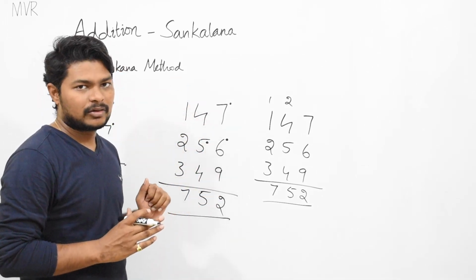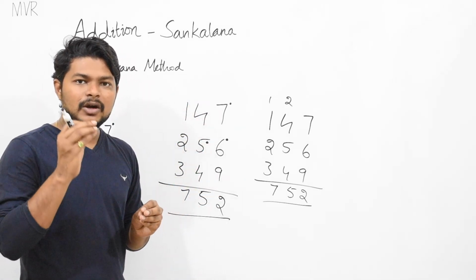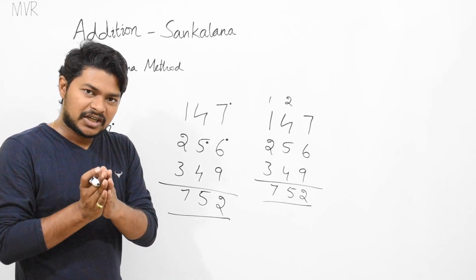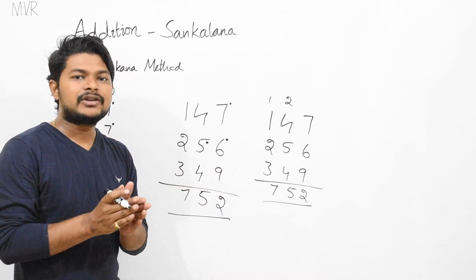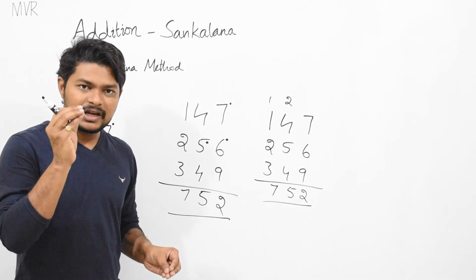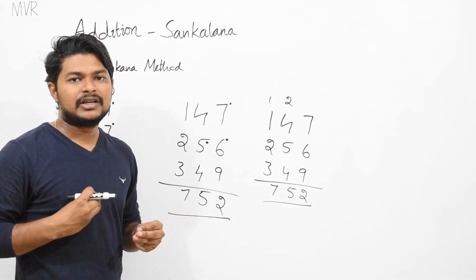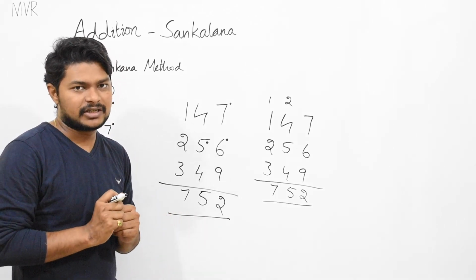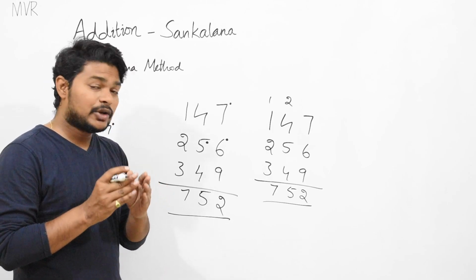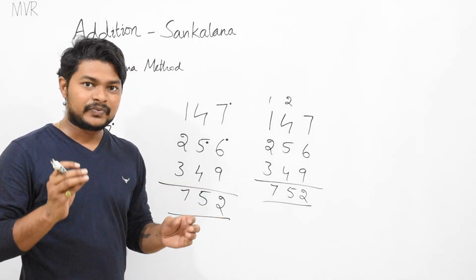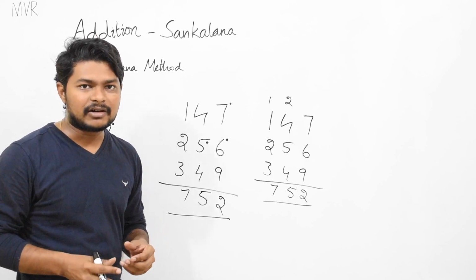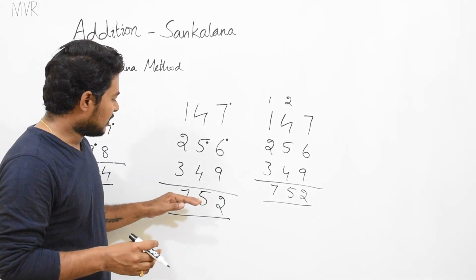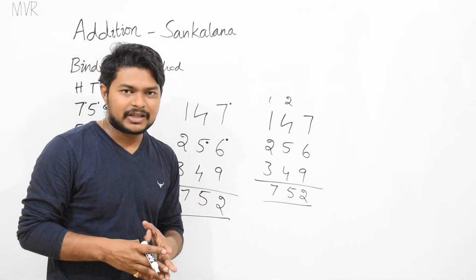Likewise we keep on going. Here we are trying to dememorize things and only remember what is required, the units digit. When you dememorize things, you can do faster calculations. That is basically Vedic mathematics addition.